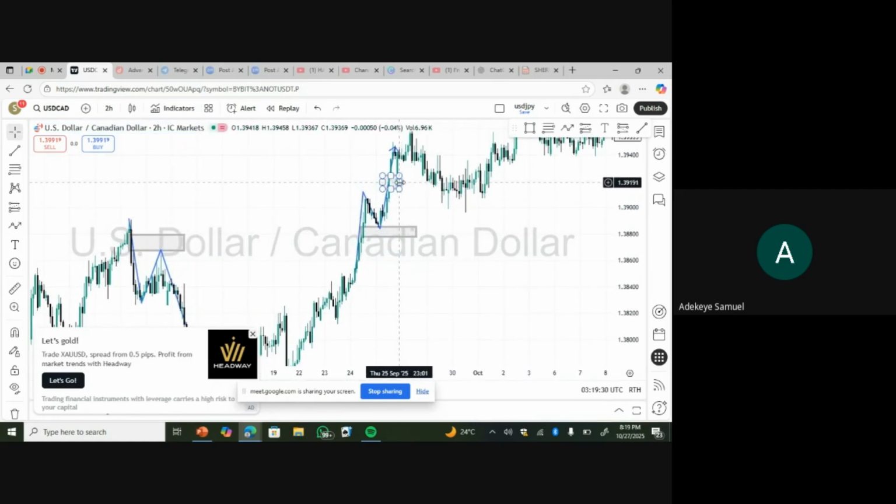Now we have another one here that the market comes back to fill before the proper move. Let me take this. Can you see? 1, 2, 3.